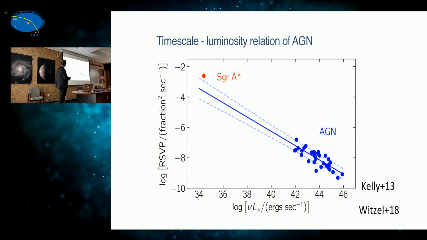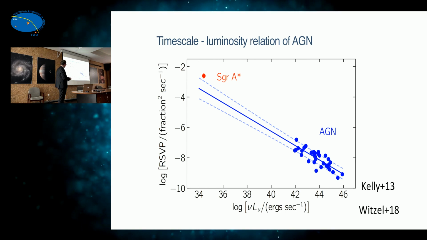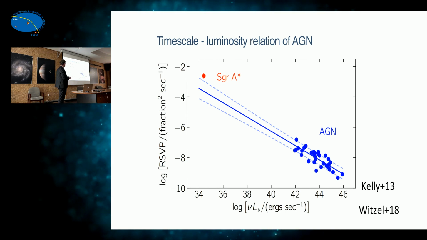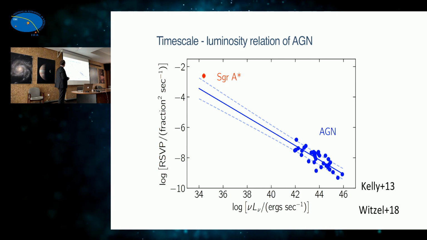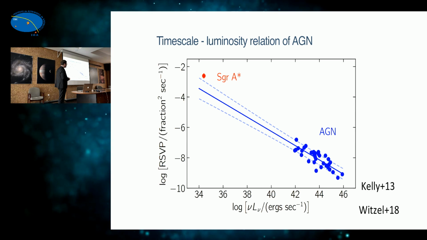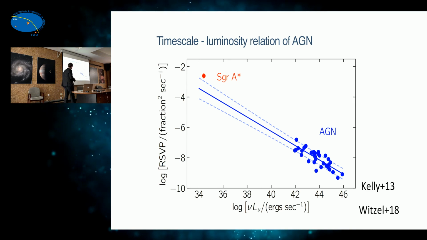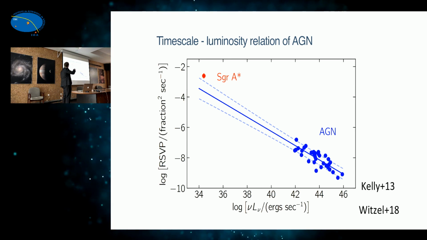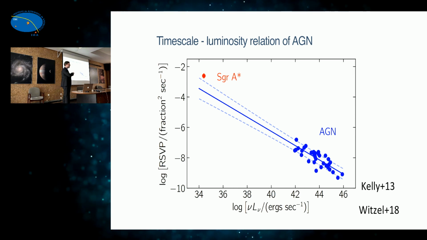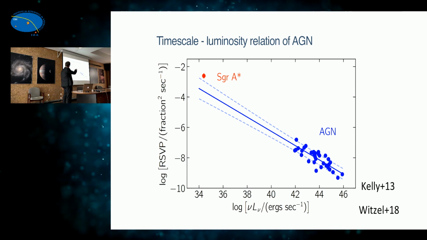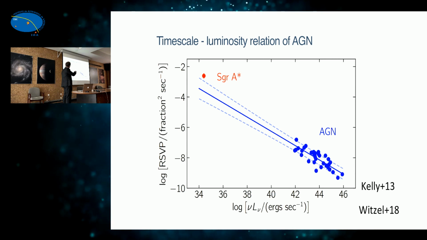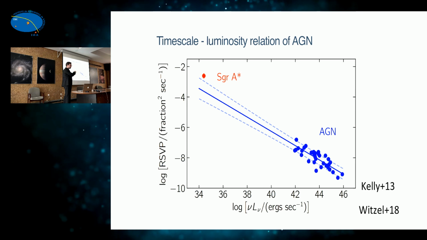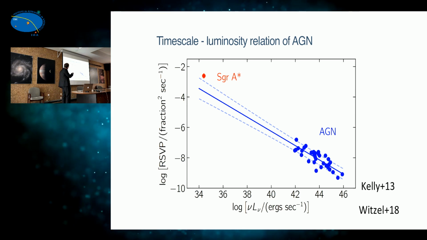If you do that for AGN, there is a paper, Kelly et al., who did this for optical light curves of AGN, and they find a correlation of RSVP with the luminosity of the AGN. And if you extrapolate this all the way to the luminosity of such a star, which is, as I said, much under luminous, you end up with a point that is fairly close to this correlation. It's not quite in there.